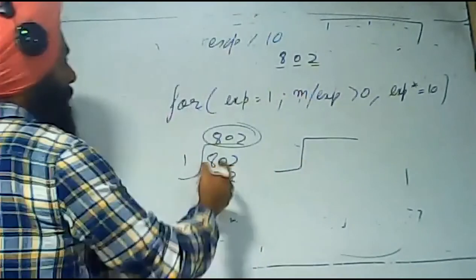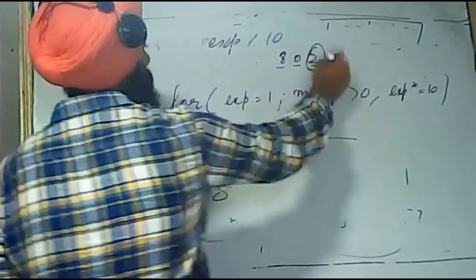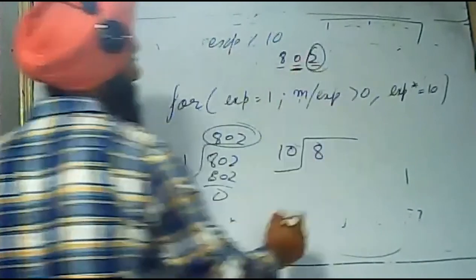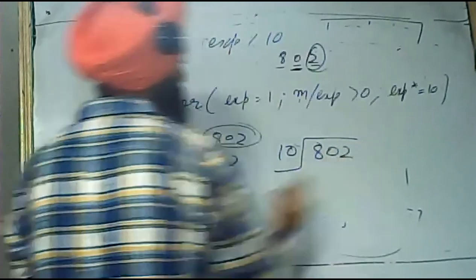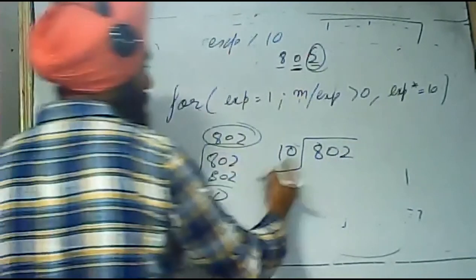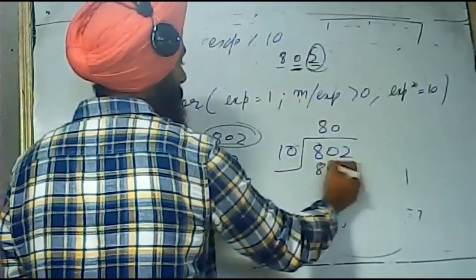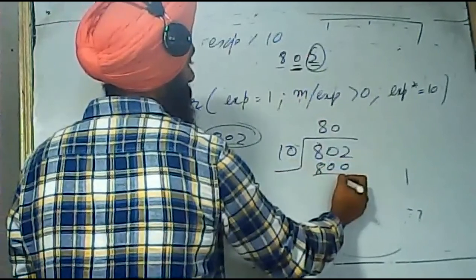Once we are done sorting the elements at unit place, we'll deal with the elements at tens place. So this is our element, and if we divide it with 10, we'll write 80 here, and this will be our answer.